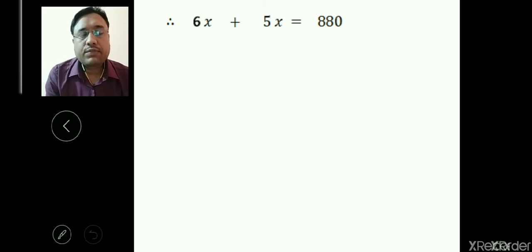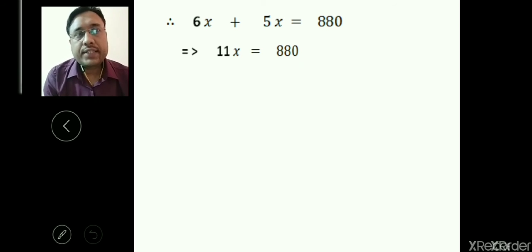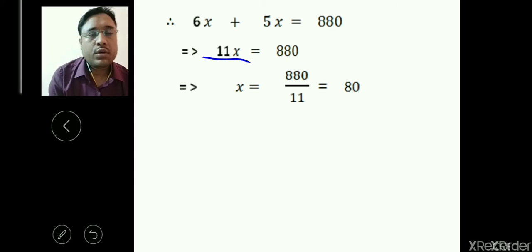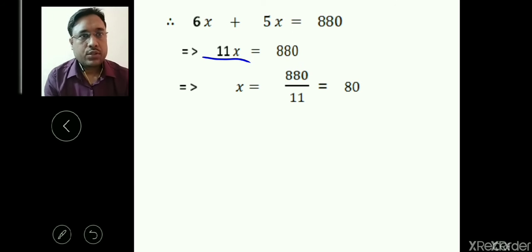So 6x plus 5x equals 880. Simplifying this equation, 11x equals 880. Then x equals 880 by 11. That means it is 80, because 11 is multiplying here, so on the other side it will divide. So 880 by 11 means 80.